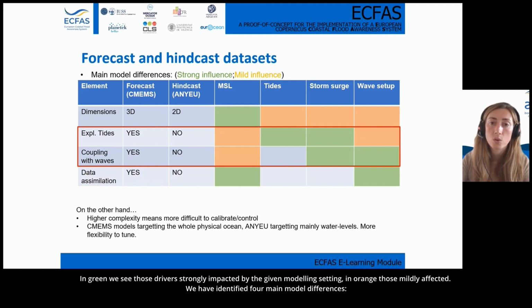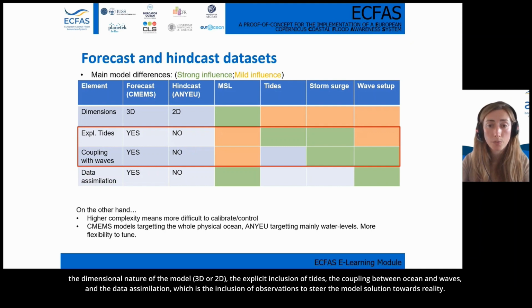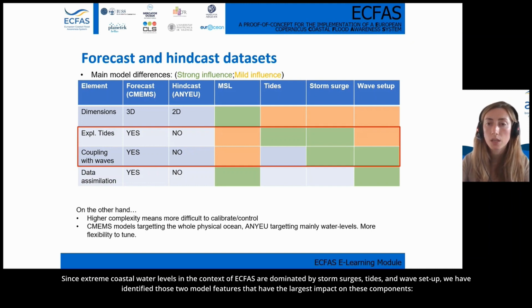In orange, those mildly affected. So we have identified 4 main model differences: the dimensional nature of the model, whether it's 3D or 2D, the explicit inclusion of tides, the coupling between ocean and waves, and the data assimilation, which is the inclusion of observations to steer the model solution towards reality.